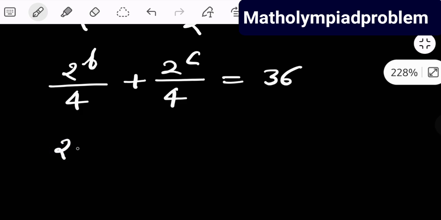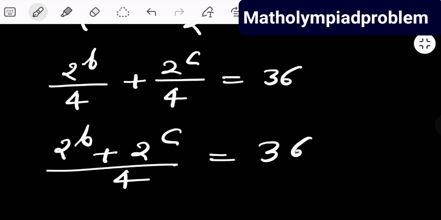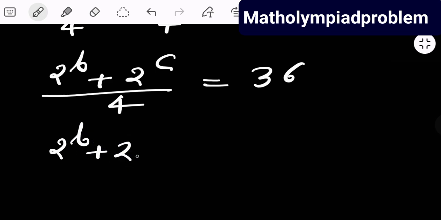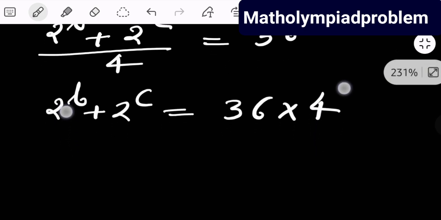So 2 raised to b plus 2 raised to c, 4 is equal to 36. 2 raised to b plus 2 raised to c is 36 multiplied by 4. Again do one step.